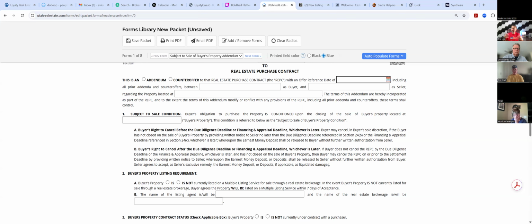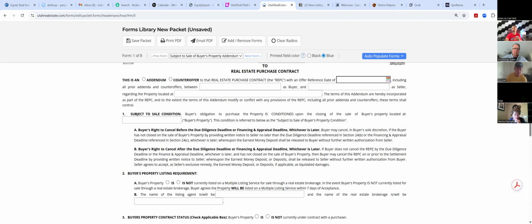Now, if we go down to B, they have a right to cancel after the due diligence or finance and appraisal deadline. Why would somebody want to cancel after? And why does this give them the right to do that? Well, let's read the language first.